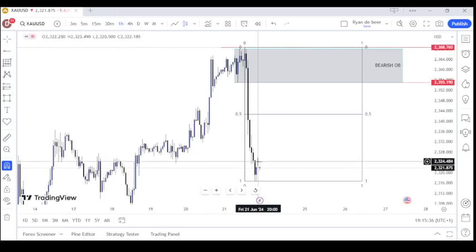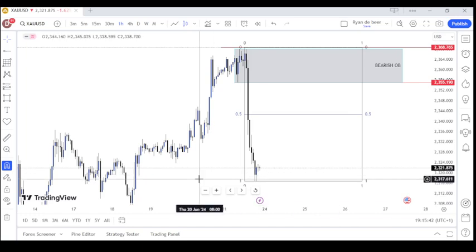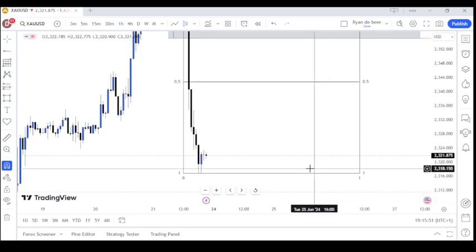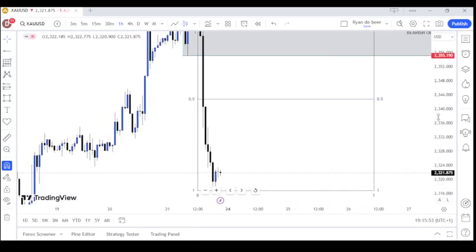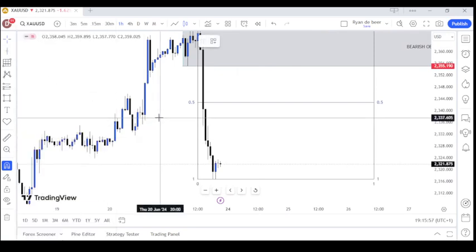But we do have to take out this high within before my London session, basically, because that's when I trade gold. Because if you do see, I just want to mark out something quickly.